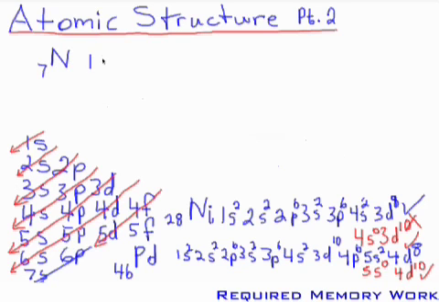I get the 1s, the 2s, 2p. The s can have 2 electrons. I need 7. That's 4. So we put 3 in the p. This is called an electronic configuration.